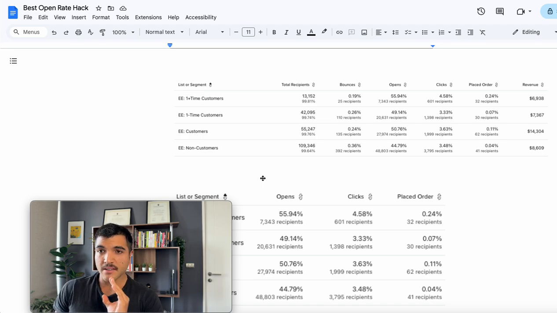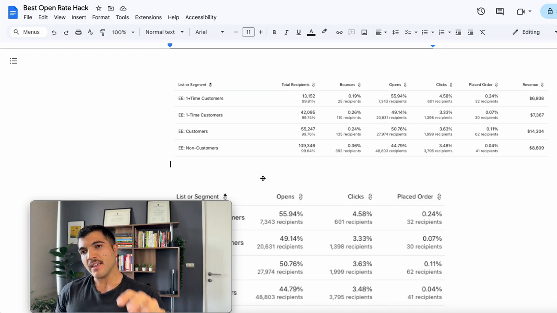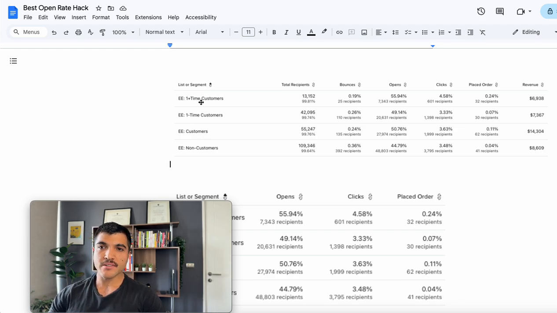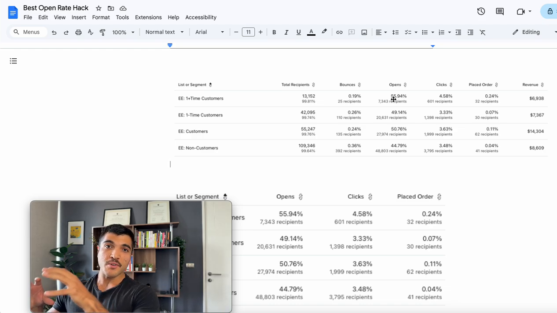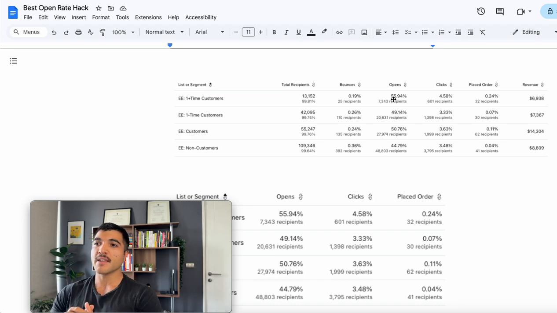But at the end of the day, the only thing that matters is the relationship the people receiving this email have with you and your brand. Repeat customers are more invested in your brand because they by definition have invested more money with your brand. They are the ones that are more likely to pay attention to whatever you have to say.